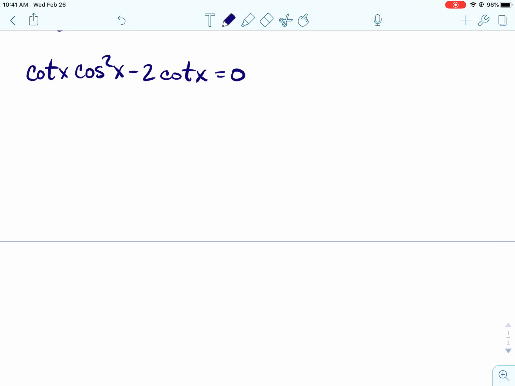And several of the equations we're going to solve today are going to need to be factored, and this one is one of those. So what could we do to factor this? Factor out cotangent of x. We're factoring out a common factor. Good job.